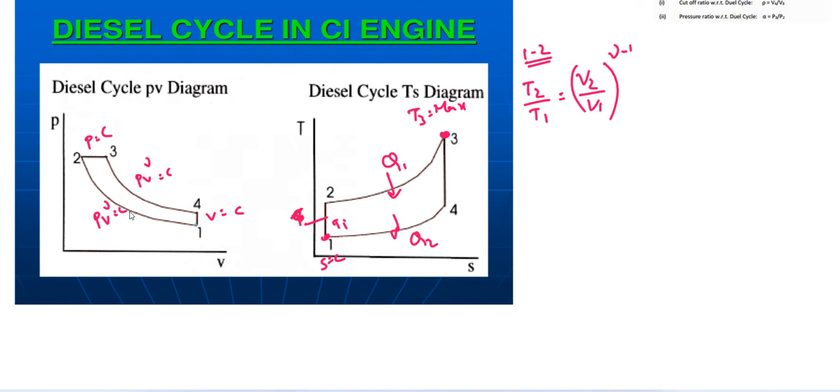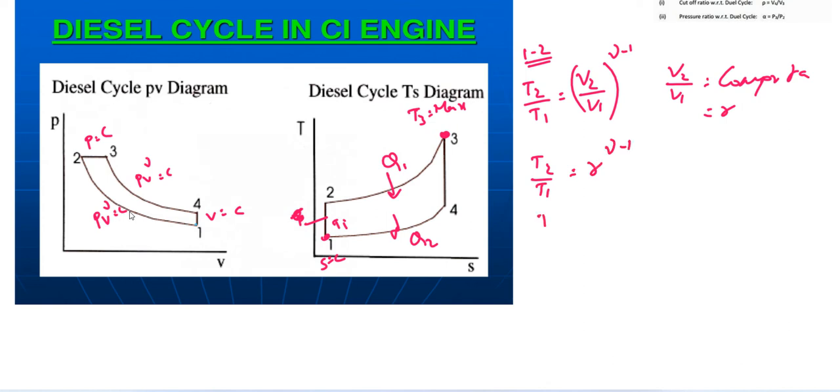Then V2 by V1 is equal to the compression ratio, small r. Then T2 by T1 equals r power gamma minus 1.